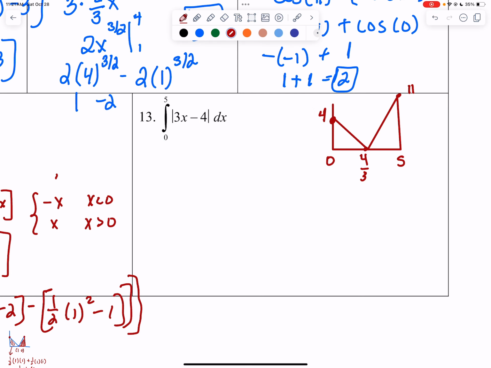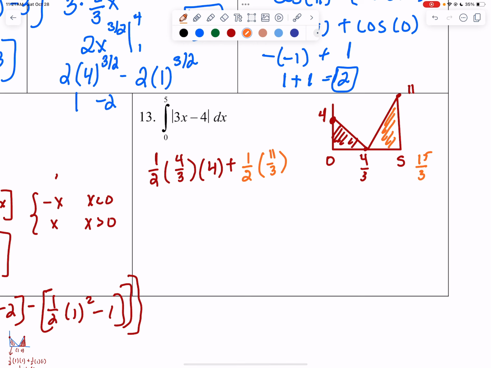So if I were to do that, I'm going to have 1/2, our base being 4/3, and then my height being 4 for my triangle on the left. And then for my triangle on the right, I'm going to have 1/2, and my base, if I were to make that in terms of 3 so that it's easier for me, is 15 over 3, so this would be 11 over 3. So that's my base, and then my height being 11.